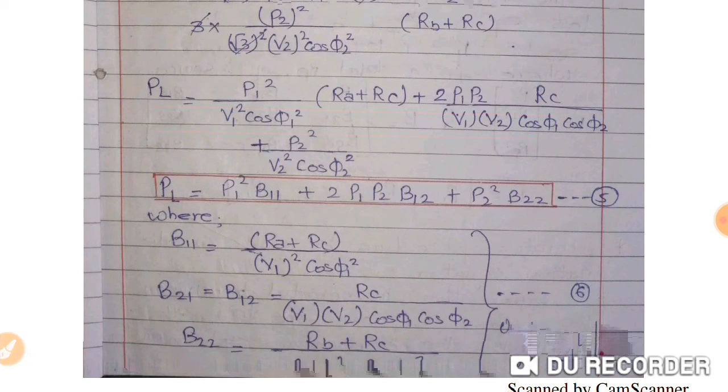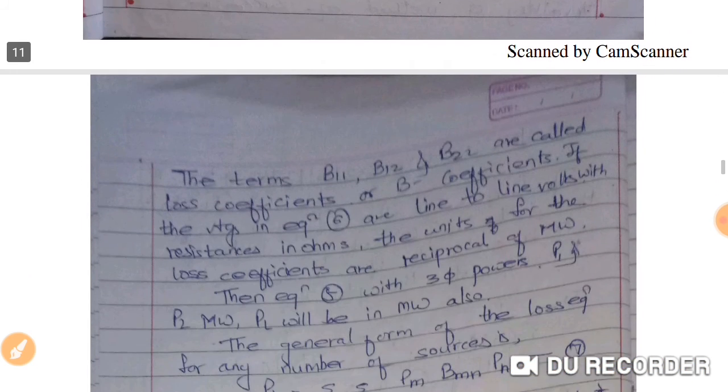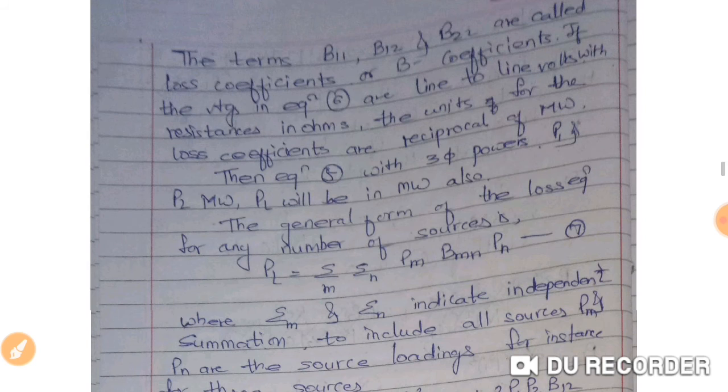Take one thing in mind, that B12 and B21 have the same values, and their unit is megawatt inverse or the reciprocal of megawatt, you can say. So these are called the coefficients. The terms B11, B12 and B22 are called the loss coefficients or B coefficients.